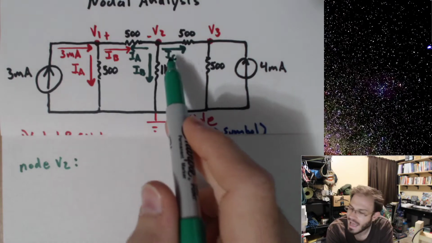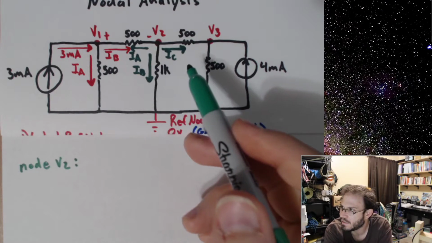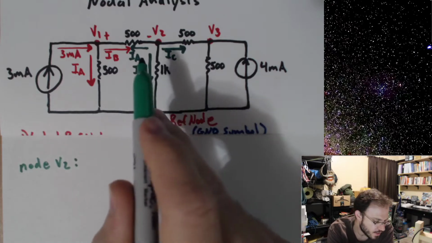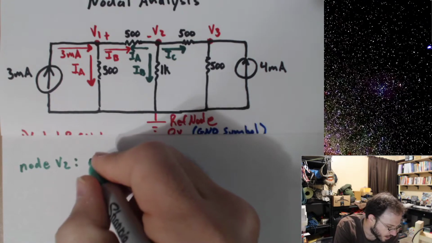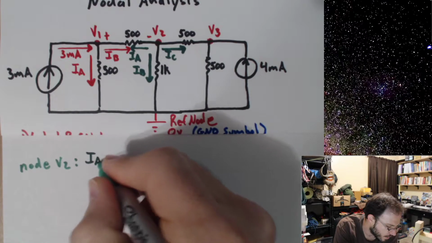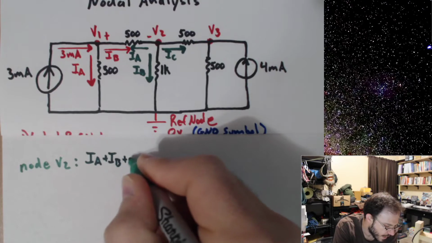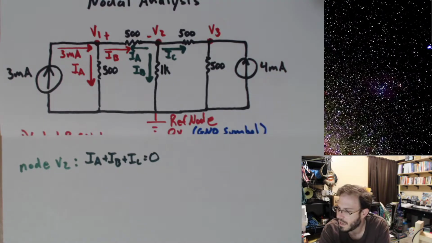I can totally have a negative current. Negative current just means that the current direction is actually going in the opposite direction. So this is completely valid to write it this way. And so I'm going to just write IA plus IB plus IC is equal to 0.